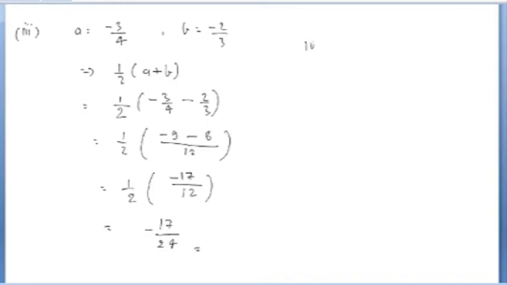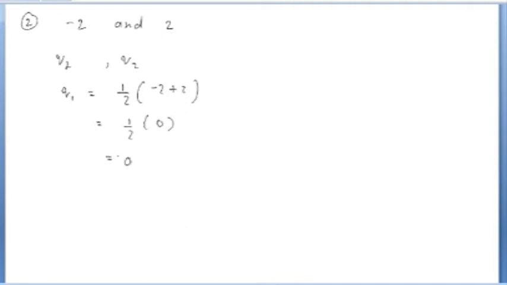And solve question number 4 by yourself. Okay, do it. Here we have to find two rational numbers between minus 2 and 2. Let the first rational number be q1 and the other q2. So q1 is equal to 1 by 2 times (minus 2 plus 2). This will become 0, so q1 is 0.